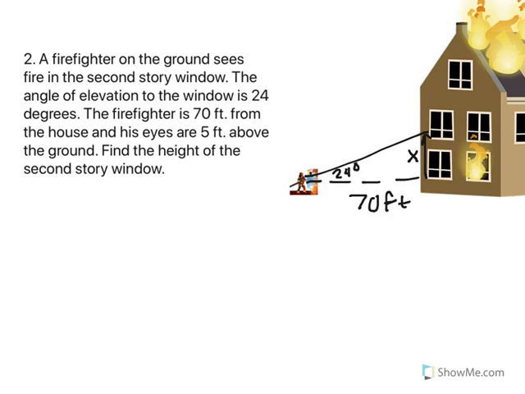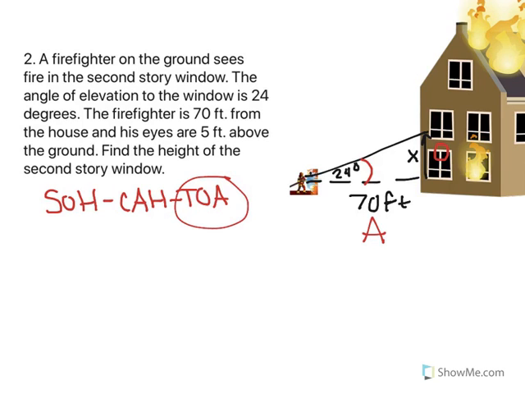We can do that using trigonometry, SOHCAHTOA. So let's label these sides. Looking at my angle, x will be the opposite side, so I'm going to put an O there. 70 is the adjacent side. Hypotenuse is not labeled, so we're not going to label it either. So then you're going to write SOHCAHTOA. Which one includes an O and an A?